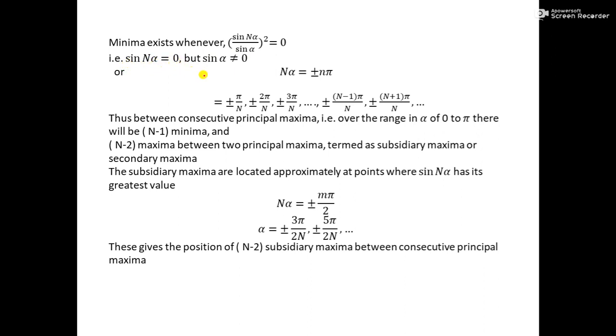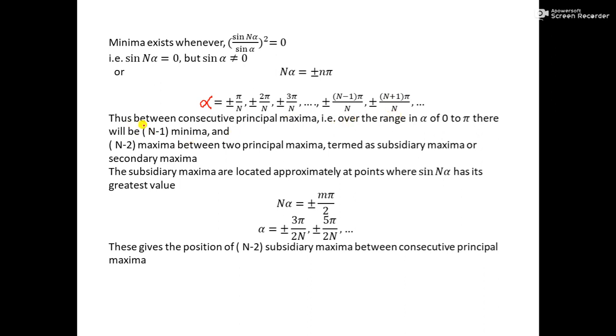If sin N alpha is equal to 0, then N alpha is equal to plus minus n pi, or alpha is equal to plus minus pi by N, putting n equal to 1, plus minus 2 pi by N, plus minus 3 pi by N, then N minus 1 pi by N. n equal to N will not be possible because that gives pi. Pi is the position of the principal maxima, and then the N plus 1 into pi by N.